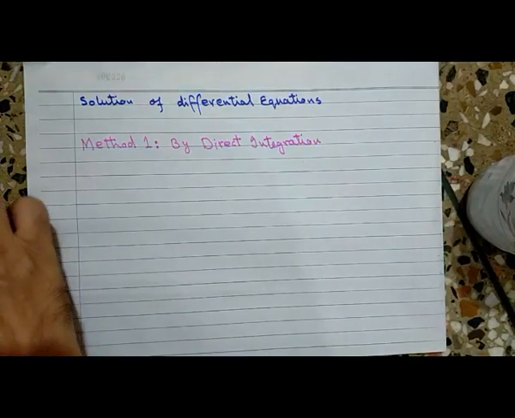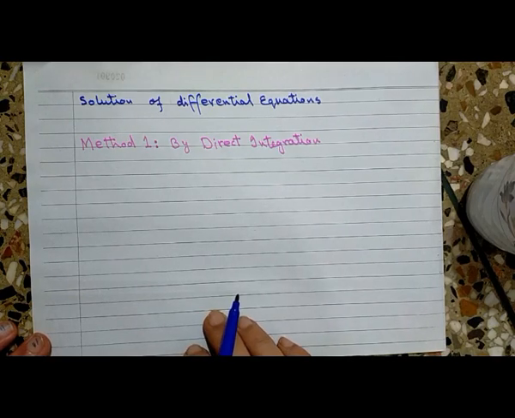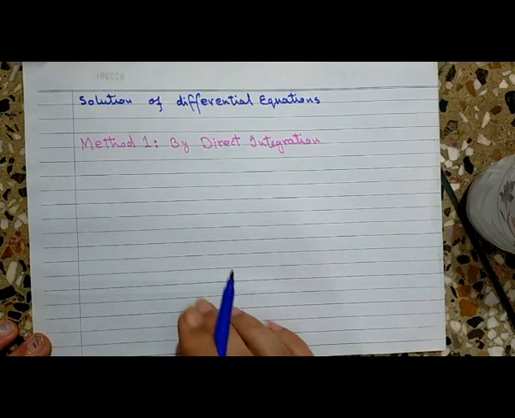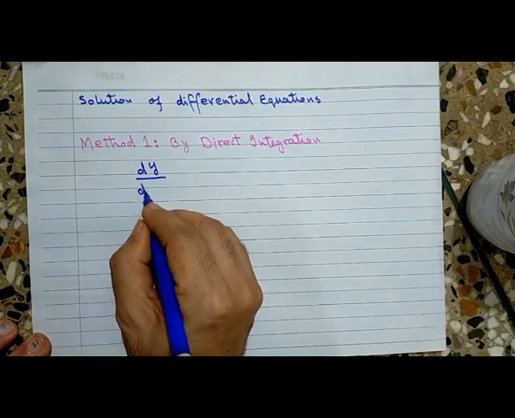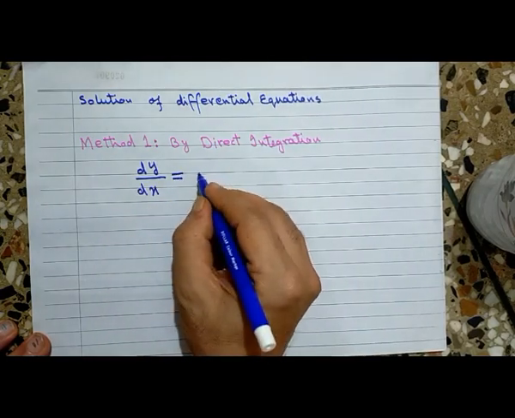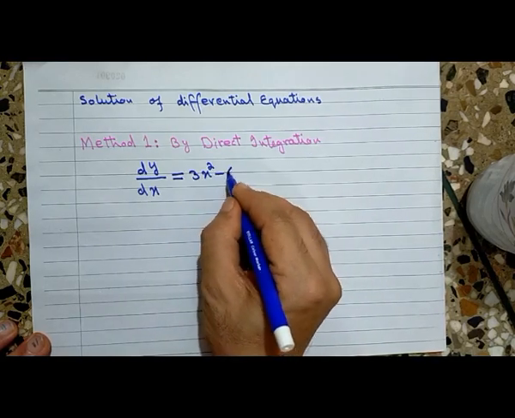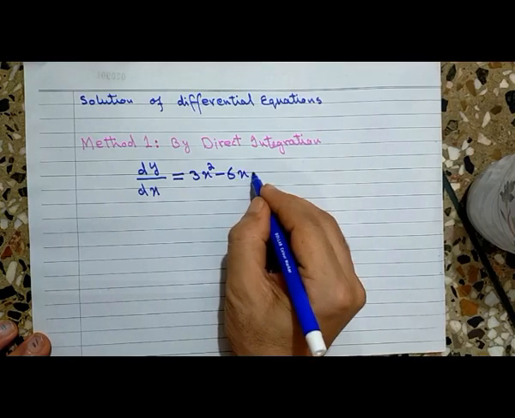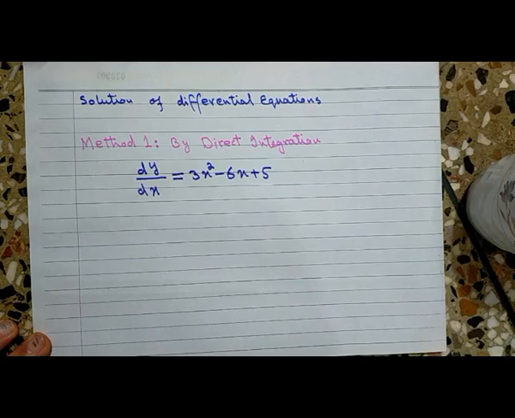Well, how does it work? Let's do it with the help of some examples. For example, if we are given a differential equation like this, dy/dx = 3x² − 6x + 5, and we are told to find its solution.